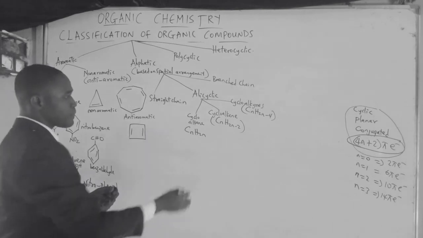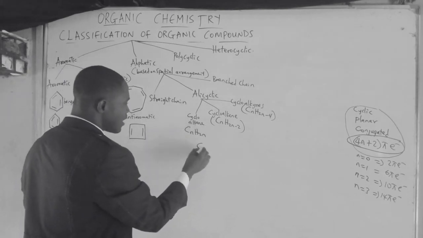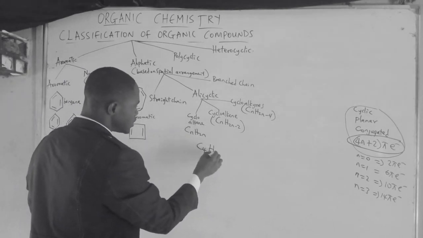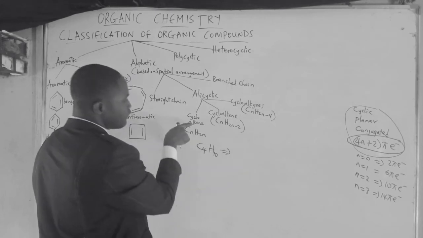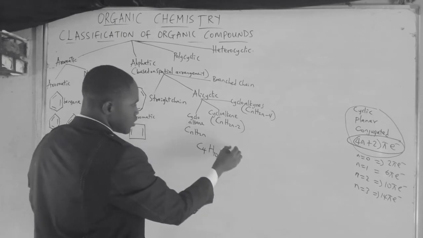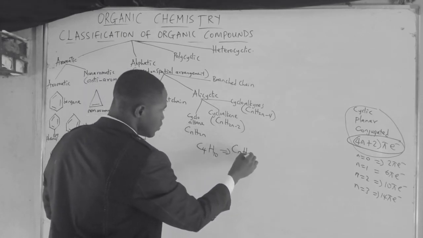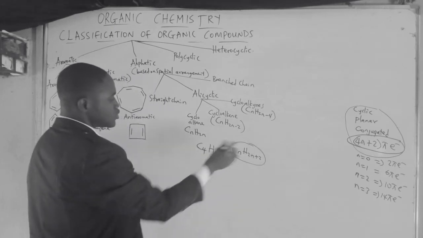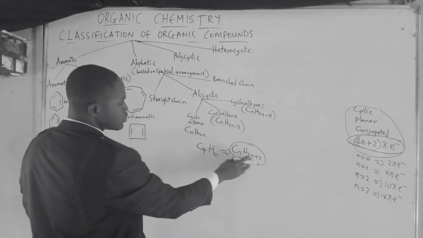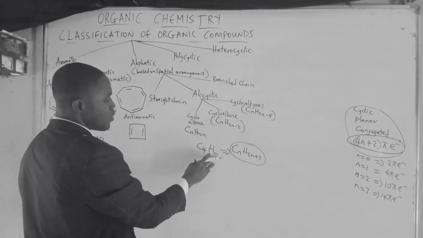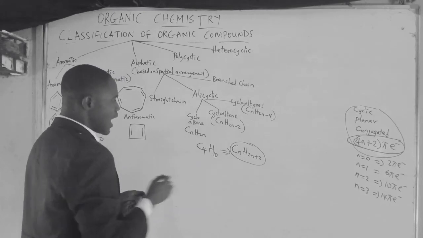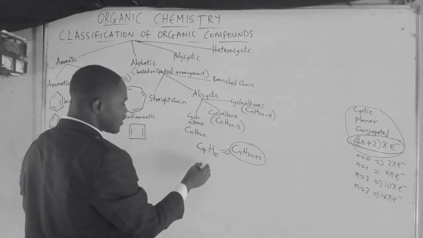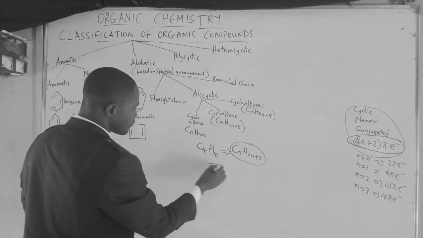See what we mean? This is alkane. If you have C4H10, because alkane has CnH2n plus 2. This is the molecular formula of alkane. So when n is 4, 2 times 4, 8 plus 2, 10. We have H10.